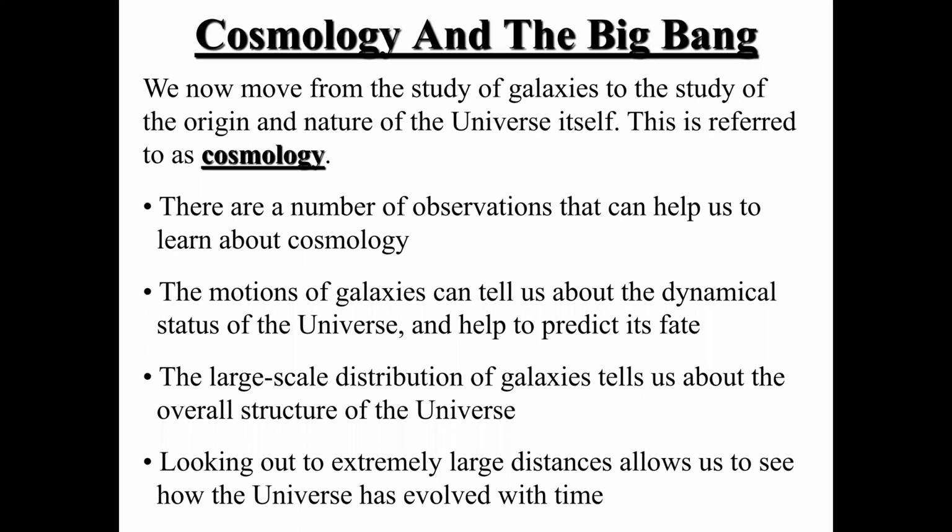It actually helps us to predict the fate of the universe, which means what will happen to the universe in the future. The large-scale distribution of galaxies tells us about the overall structure of the universe, and looking out to extremely large distances allows us to see how the universe has evolved with time.